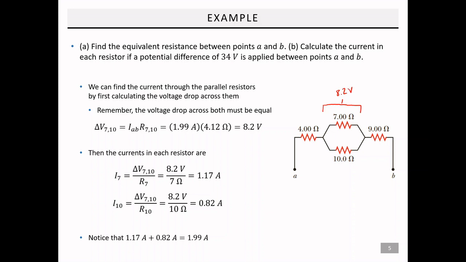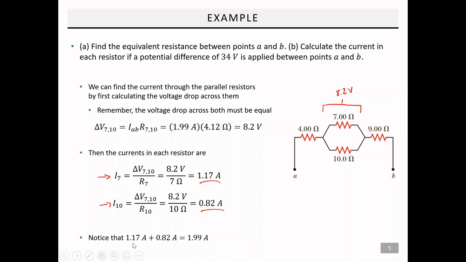And so finally, to find the current going through the 7 ohm resistor, we use Ohm's law with that potential difference that we just found, and we'll see that there is a current of 1.17 amps flowing through the 7 ohm resistor. And we do the same for the 10 ohm resistor, and we'll find a current of 0.82 amps.